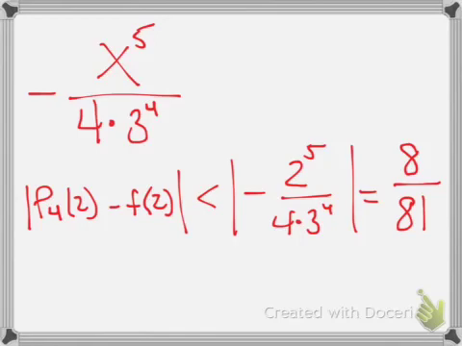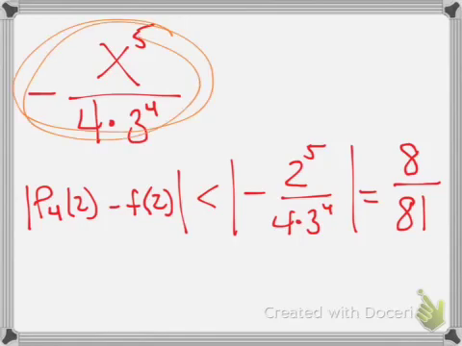That's it. Just got to look at the next term. Well, that's what the alternating series test tells us. Look at the next term, and plug in 2, and there you go. Simplify it in this case. Go study.